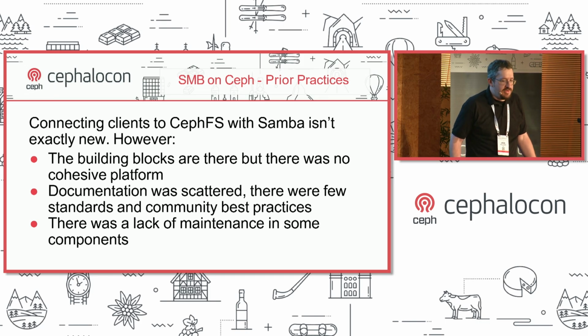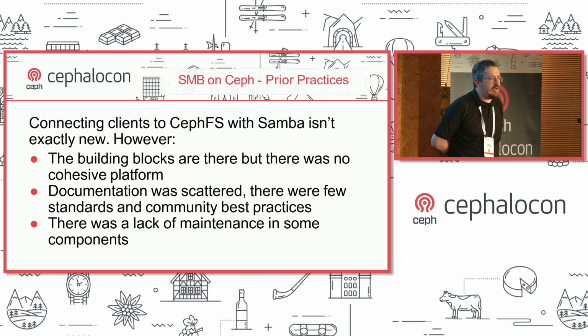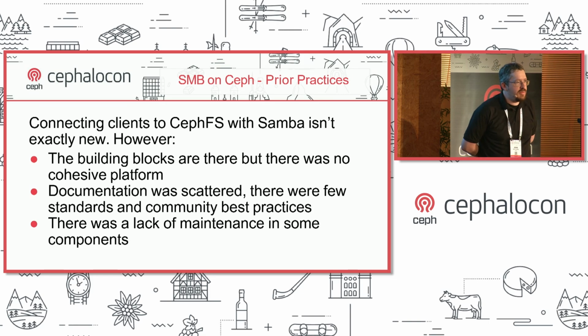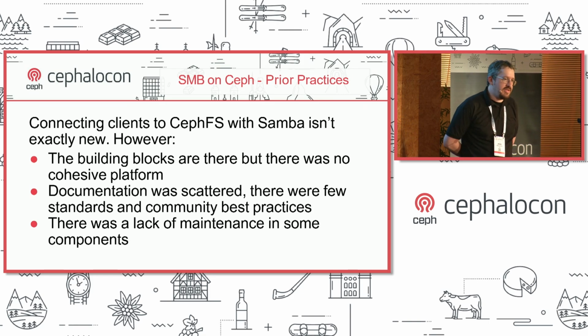But the documentation was largely dispersed, and there weren't a lot of best practices out there already. There was also some lack of maintenance in various components. In particular, we decided to help revitalize the VFS CephFS module.